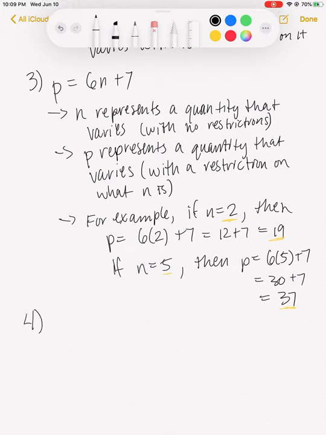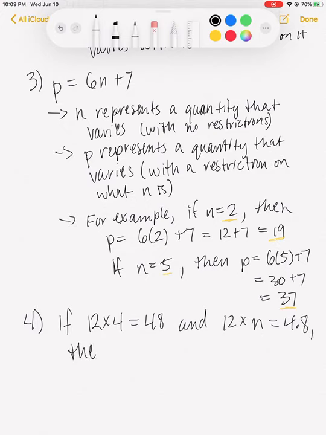Example number 4. If 12 times 4 is equal to 48, and 12 times some number n is equal to 4.8, then n is equal to 0.4.